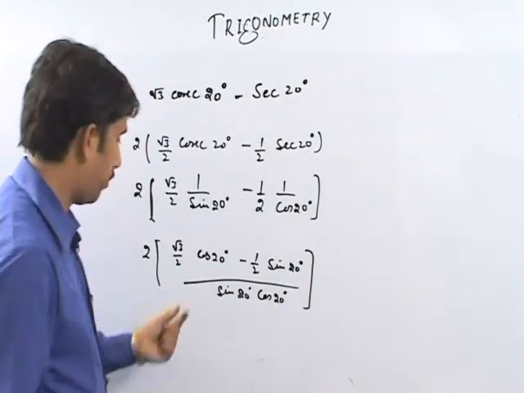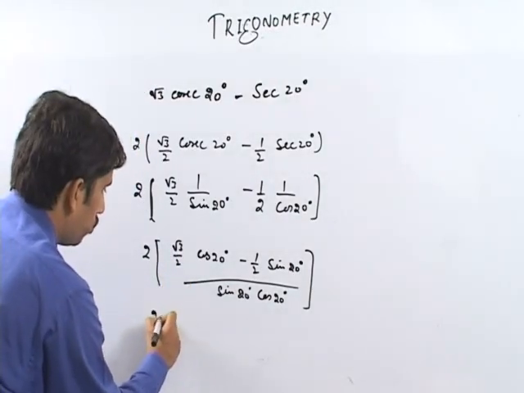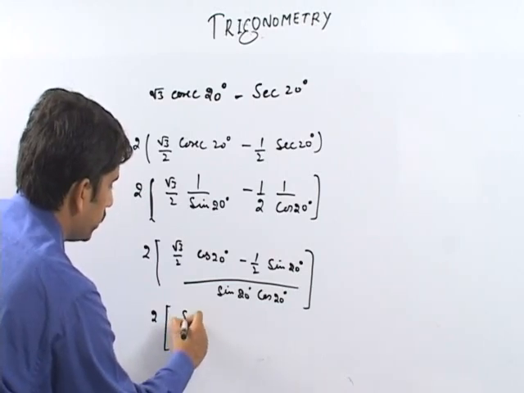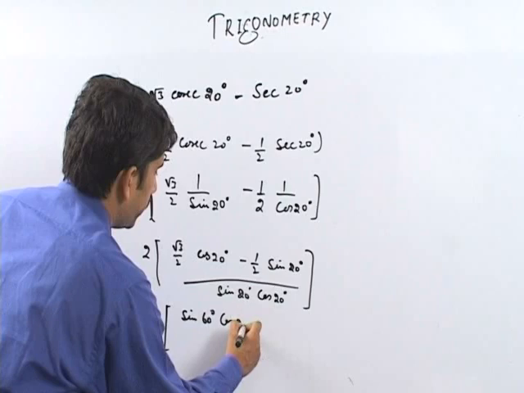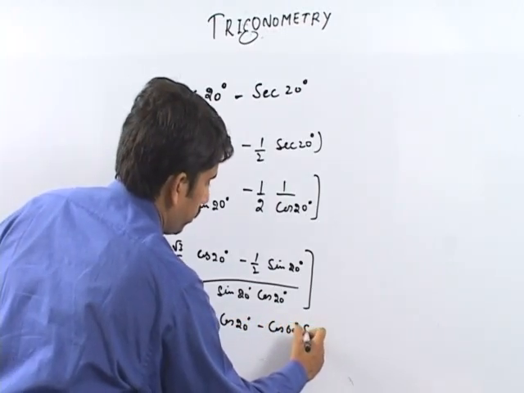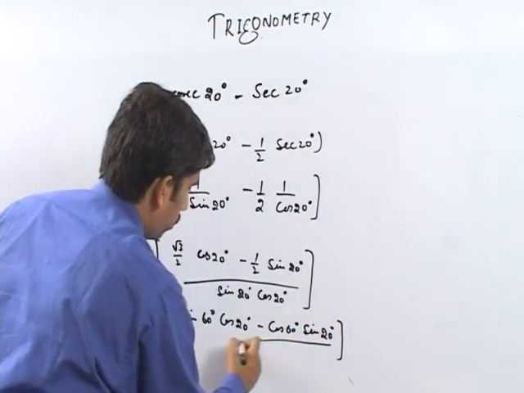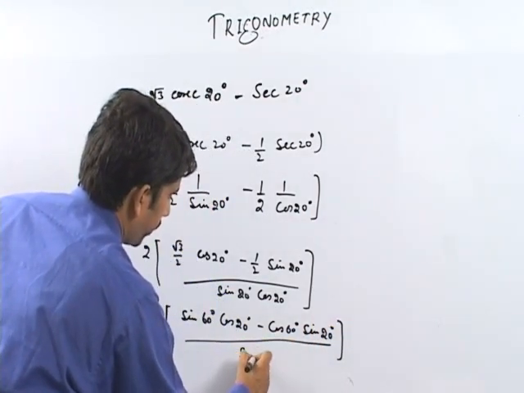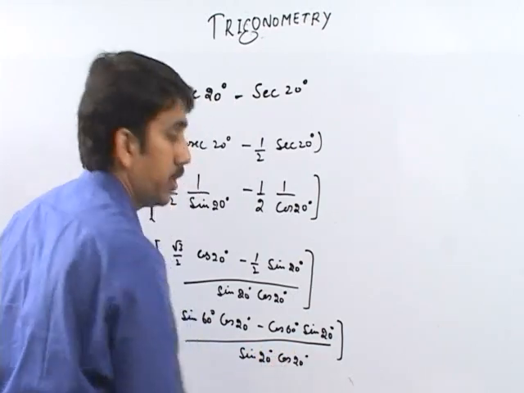Now you can replace this root 3 by 2 by sin 60. This will become 2 times sin 60 degree cos 20 degree minus cos 60 degree sin 20 degree, whole over sin 20 degree cos 20 degree.